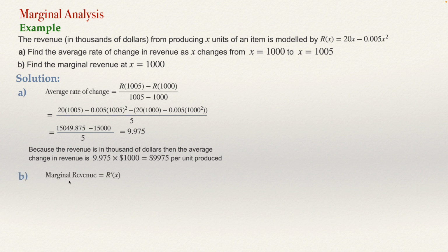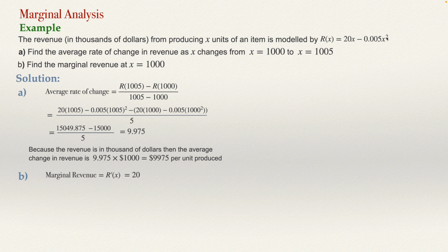Part B: the marginal revenue is the derivative of the revenue. And this derivative will be the derivative of 20x. The derivative of x is 1, so it will be 20 times 1. This is a constant multiplied by a function, so the derivative of 20x is 20.